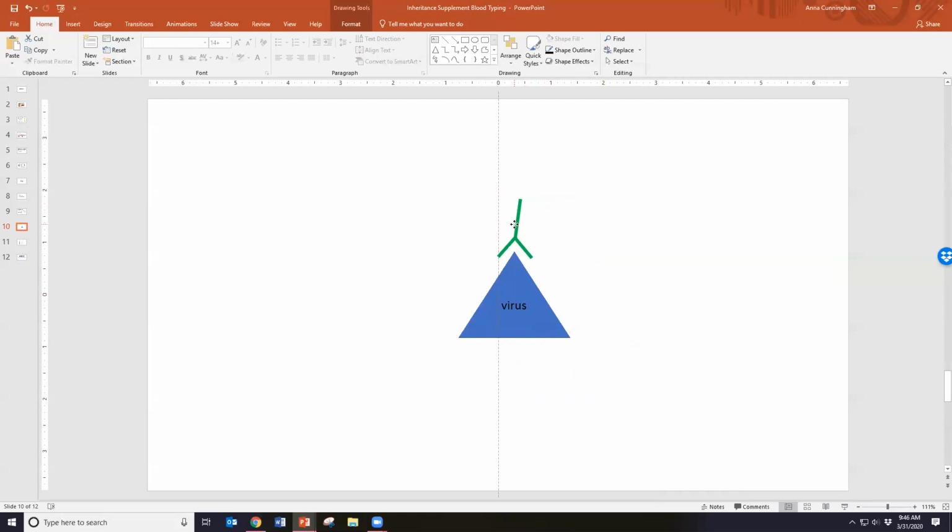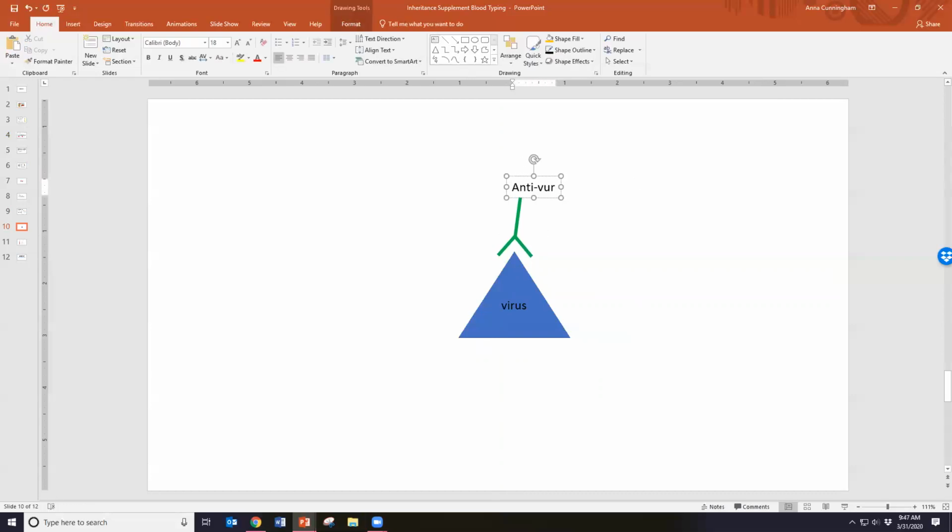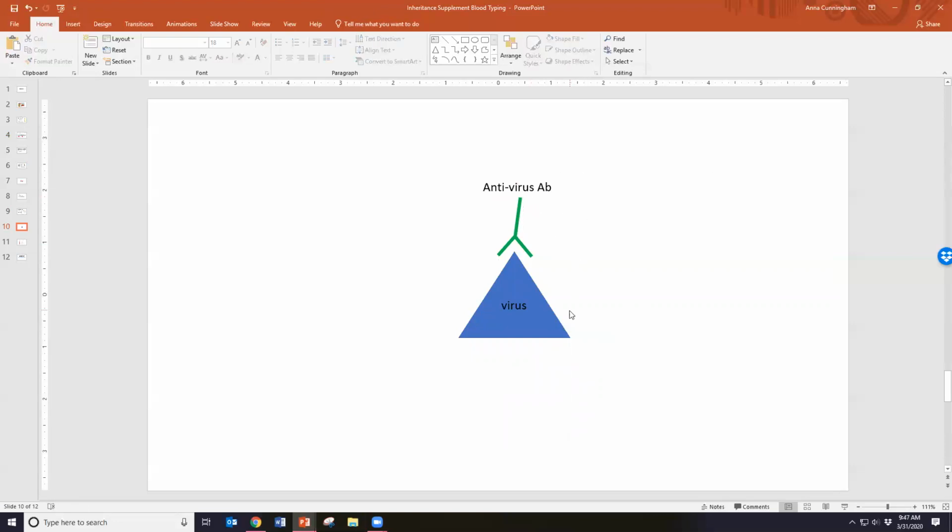All right, so there is our antivirus antibody. So basically anybody that gets infected with a virus will mount an immune response to that virus. Part of that immune response is creating antibodies. These are very specific. These are antivirus antibodies.